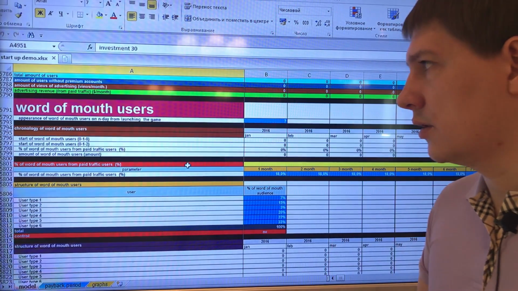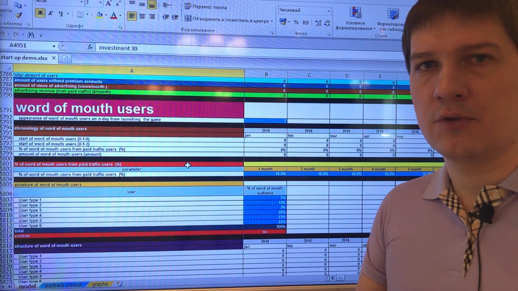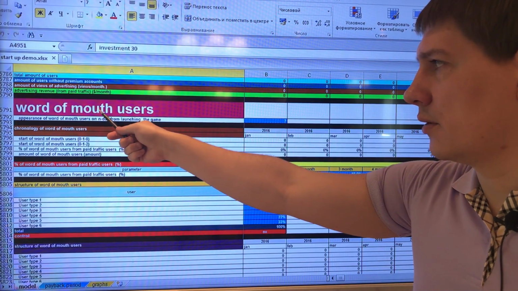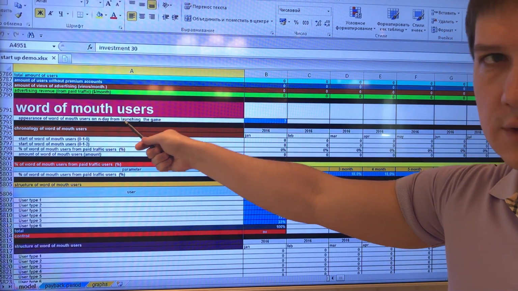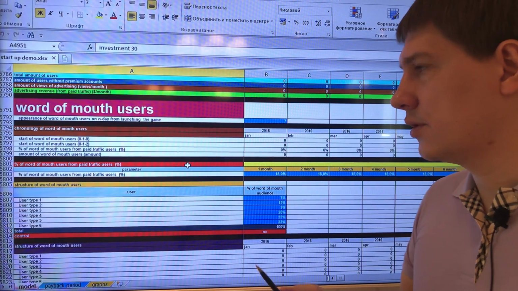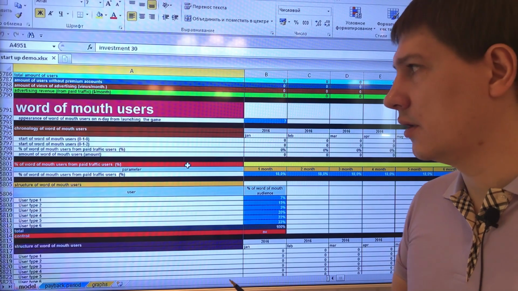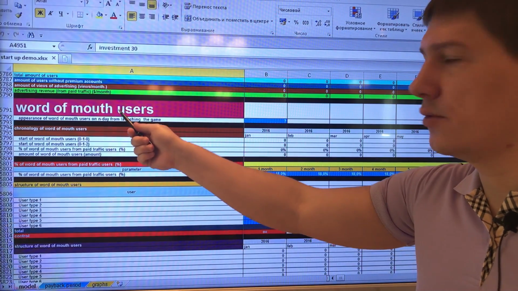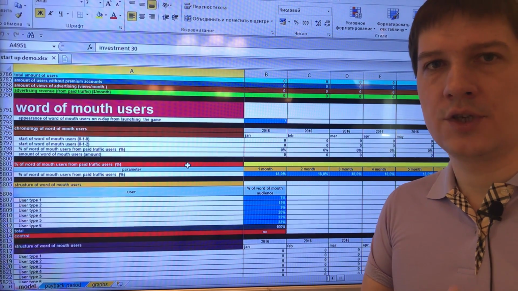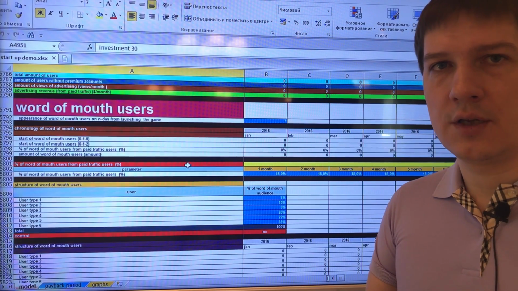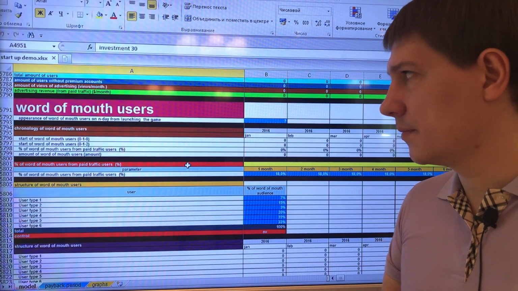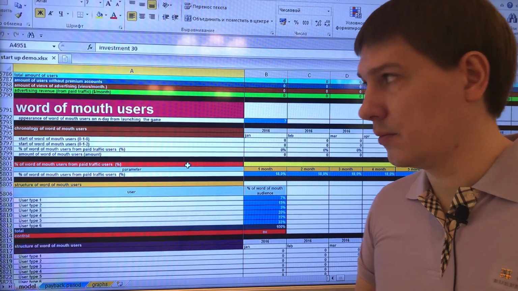And we named this type of traffic word-of-mouth users. We also need to describe the behavior of these word-of-mouth users, because they also generate traffic and income, and here we describe them.